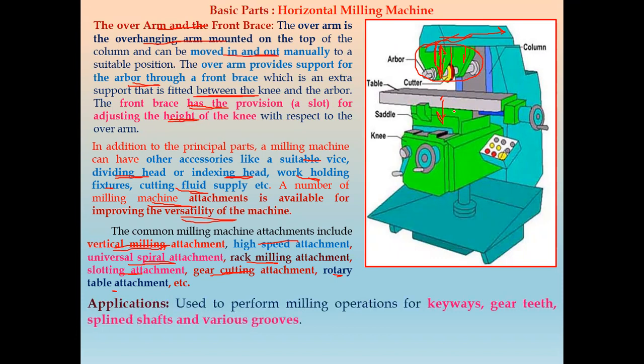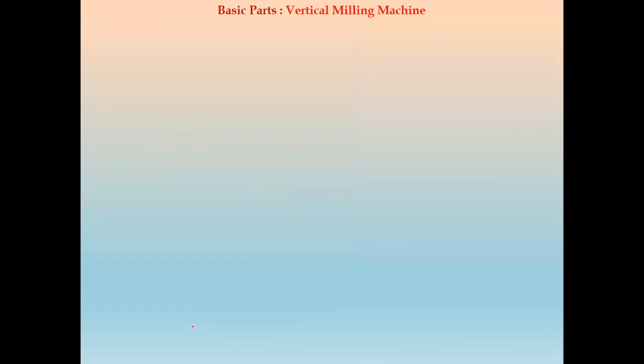Generally these milling machines are used to perform many operations like keyways in the shaft, or we can say in the rotors. Next, gear teeth: all types of gears can be manufactured using this milling machine. Then spline shafts and different grooves can again be formed using this milling operation.